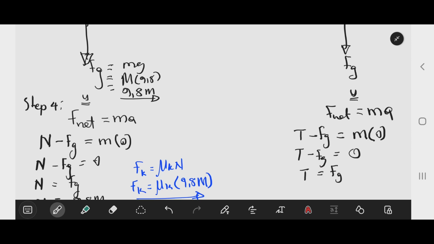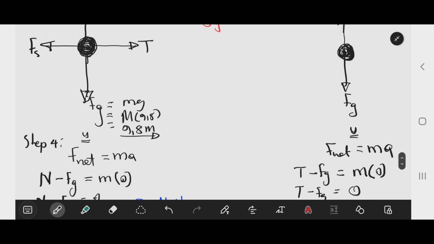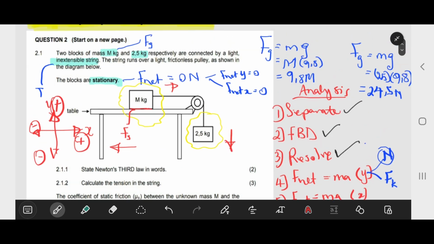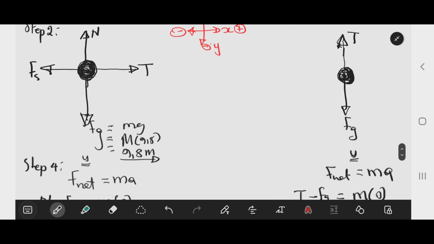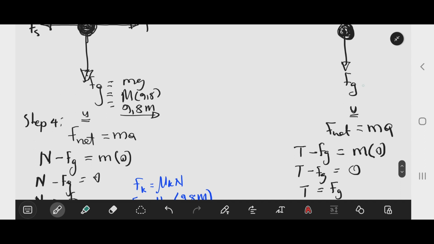But we have already calculated Fg up there, right? And we have obtained Fg to be 24.5. So we can calculate it again here to say Fg is equal to mg. The mass is 2.5 and g is 9.8, right? And when you say 2.5 multiplied by 9.8, you get 24.5 newtons downwards, okay?